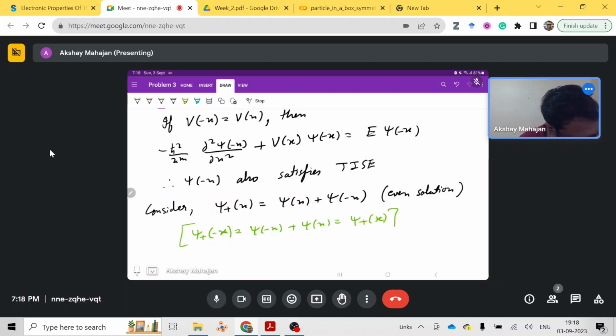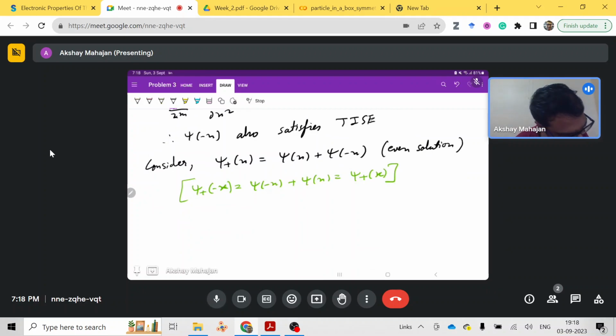Okay, so this is an even solution, and we will consider psi minus of x, equal to psi of x minus psi of minus x, which will be an odd solution.